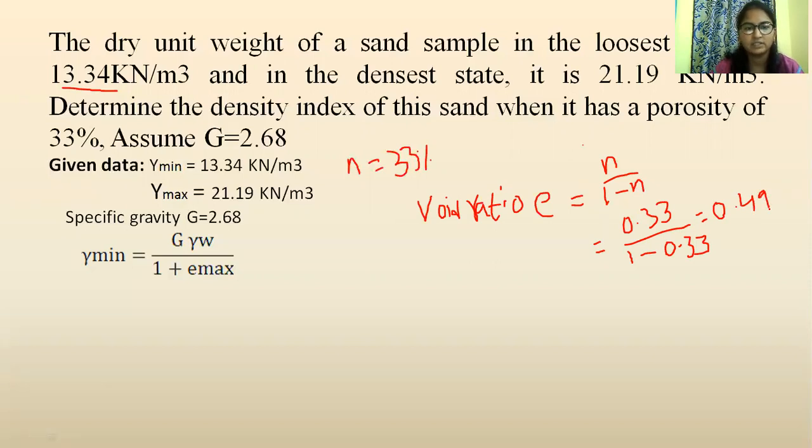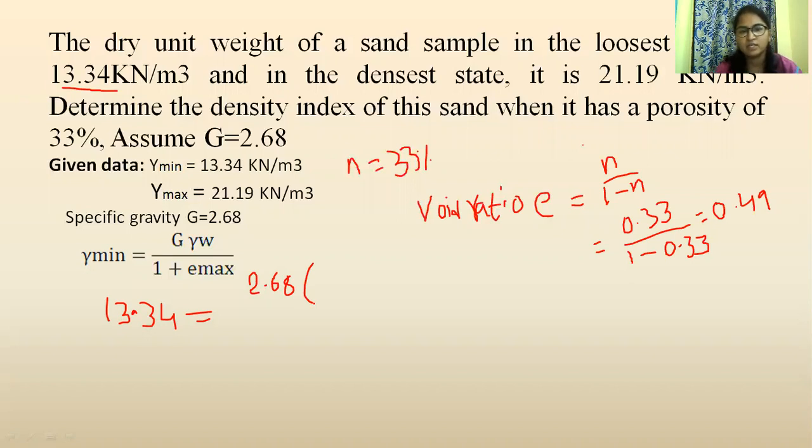Now, next we can find the e maximum value. Gamma minimum is 13.34. So 13.34 is equal to the specific gravity 2.68 times the unit weight of water.